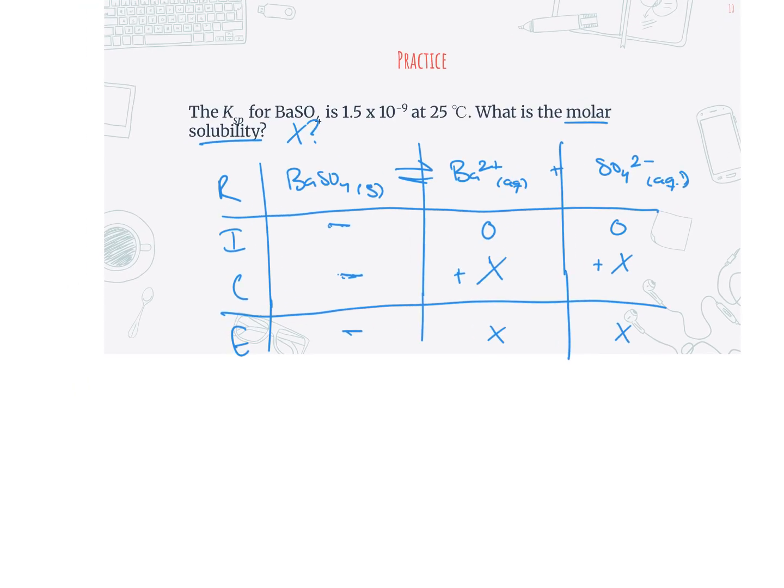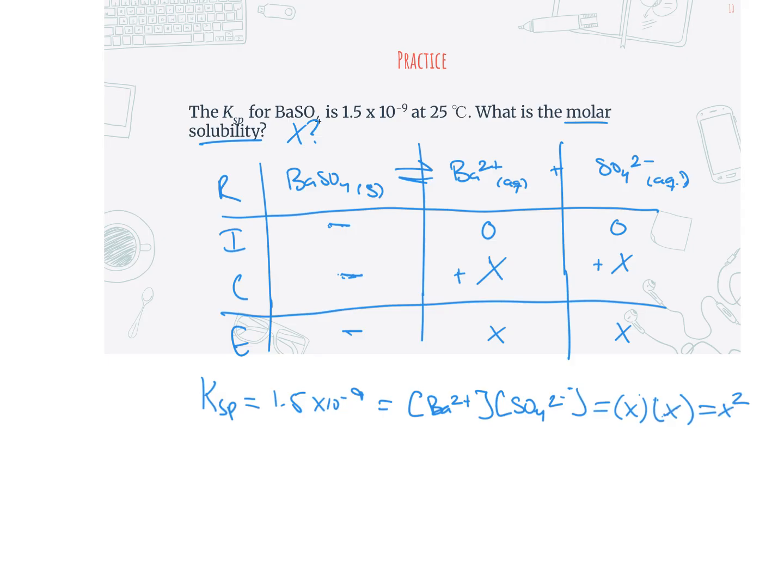So if we do our expression for KSP, this is equal to 1.5 times 10 to the negative 9th, and that is equal to the concentration of Ba2+ times the concentration of SO4 2-, which is just X times X, or X squared.